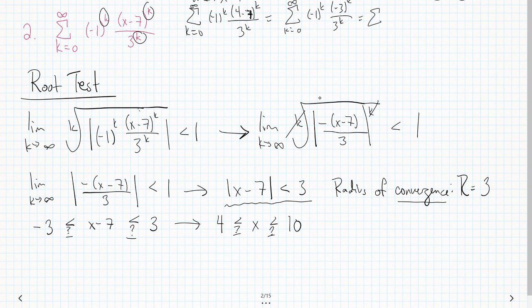So this is the summation of negative 1 to the k times negative 1 to the k, which is also equal to the summation k equals 0 to infinity of negative 1 to the 2k.